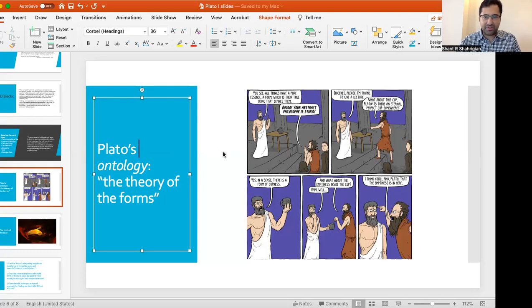Is there an eternal perfect cup somewhere? And then Plato replies, yes, in a sense, there is a form of cupness. To which the audience member, I think it's supposed to be Diogenes the Cynic, replies, "What about the emptiness inside the cup? Is there a form of emptiness?" And then the put-down is, in the last panel, you'll find, Plato, that the emptiness is in here, pointing to Plato's head.